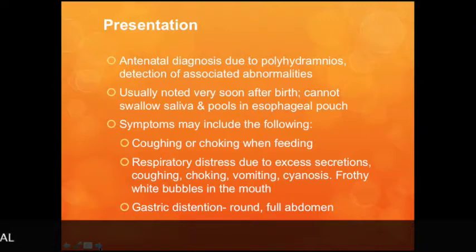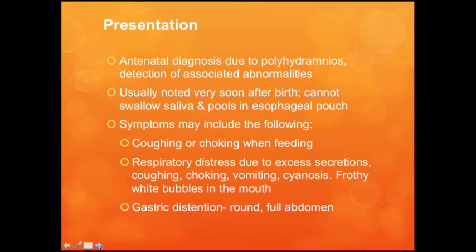If they have the most common type, though, they can't swallow, so they're often drowning in their own secretions. The classic thing is pooling secretions, because they can't swallow their saliva, and it pools in the esophageal pouch. And then people would put a nasogastric tube down and take a chest x-ray, and it should show the nasogastric tube just curling up in the esophageal pouch.